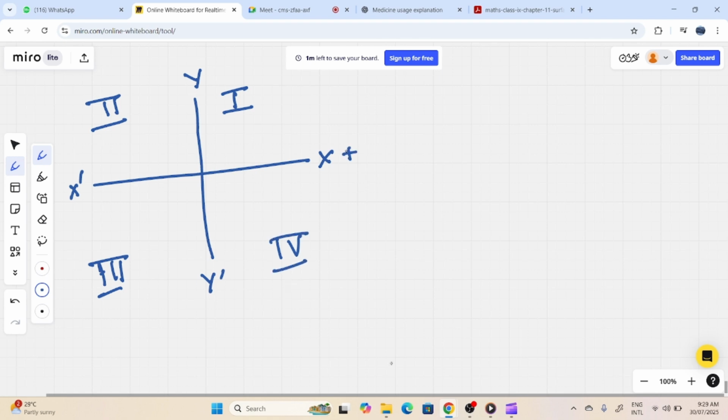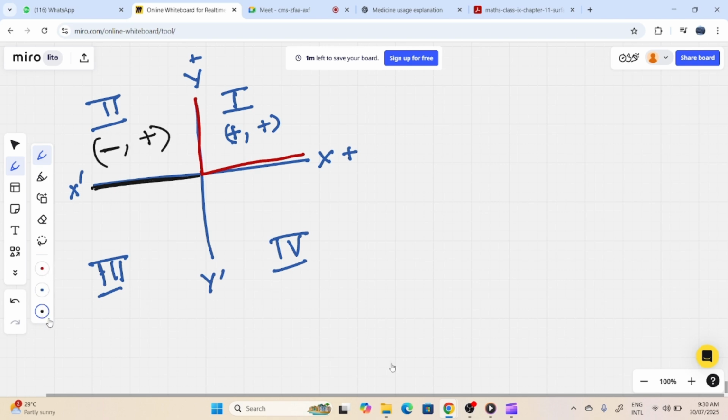Remember, here x is positive and here y is positive. Both of them are positive. So your x will also be positive, y will also be positive. In this side, what happens? X is negative and y is positive.